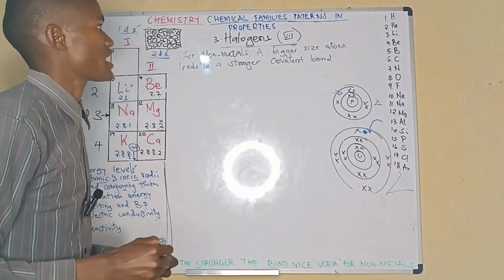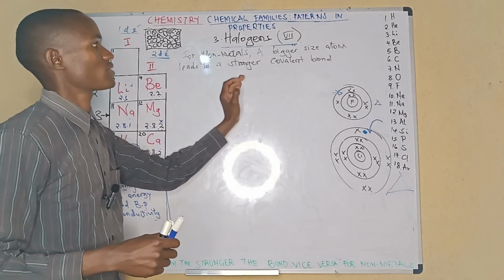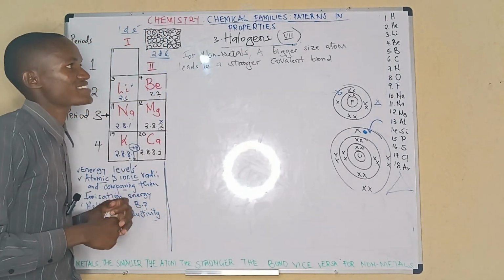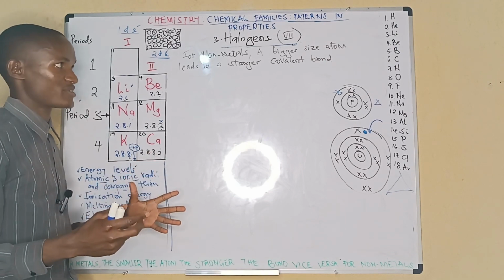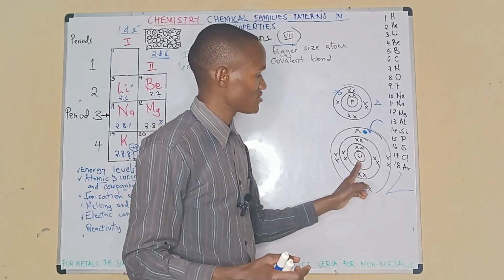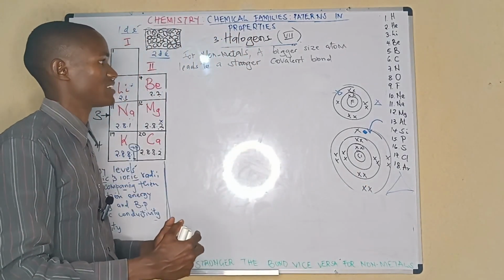For nonmetals, the bigger the size of the atom, it leads to a stronger covalent bond. So the strength of a covalent bond will be determined by the size of the atom. A big atom will mean a stronger covalent bond.